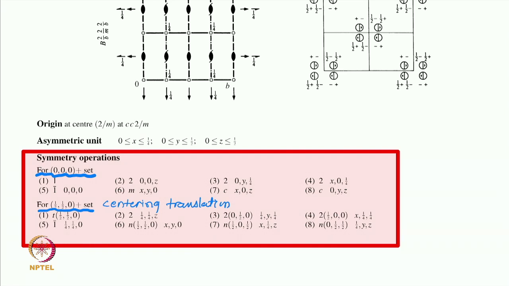You can see that there are 8 operations listed in both sub blocks, and they are numbered 1, 2, 3, serially up to 8 in the first block, and then again 1, 2, 3 to 8 in the second block.